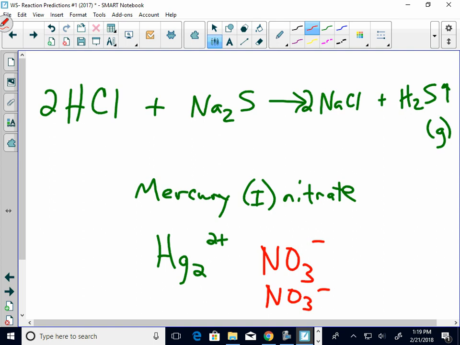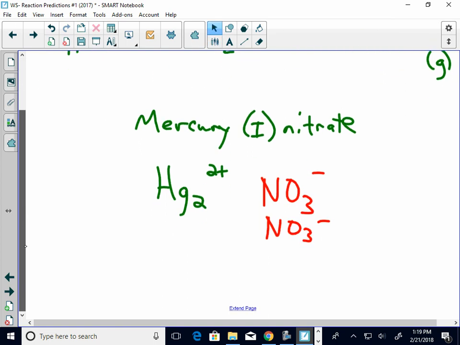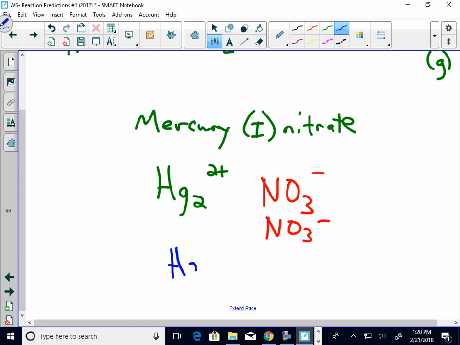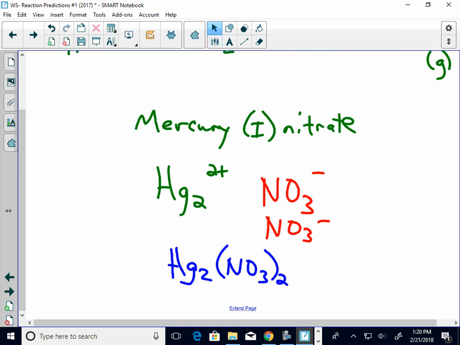So, what I'm actually going to see is Hg2 parentheses NO3 2. Now, can I have that? Because it looks like you can reduce them. Yeah, I can have that.